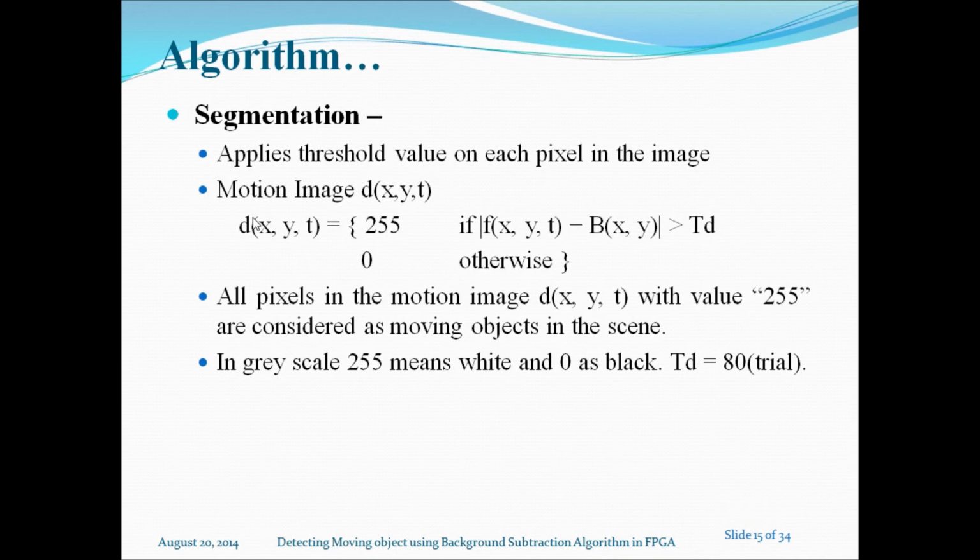The thresholding operation is applied on each pixel in the image. The motion image obtained after thresholding will have pixel intensities of either 255 or 0. Any pixel value less than the threshold is marked as 0 and any value greater than the threshold is marked as 255. All the pixels in the motion image with value 255 are considered as the moving object in the scene.